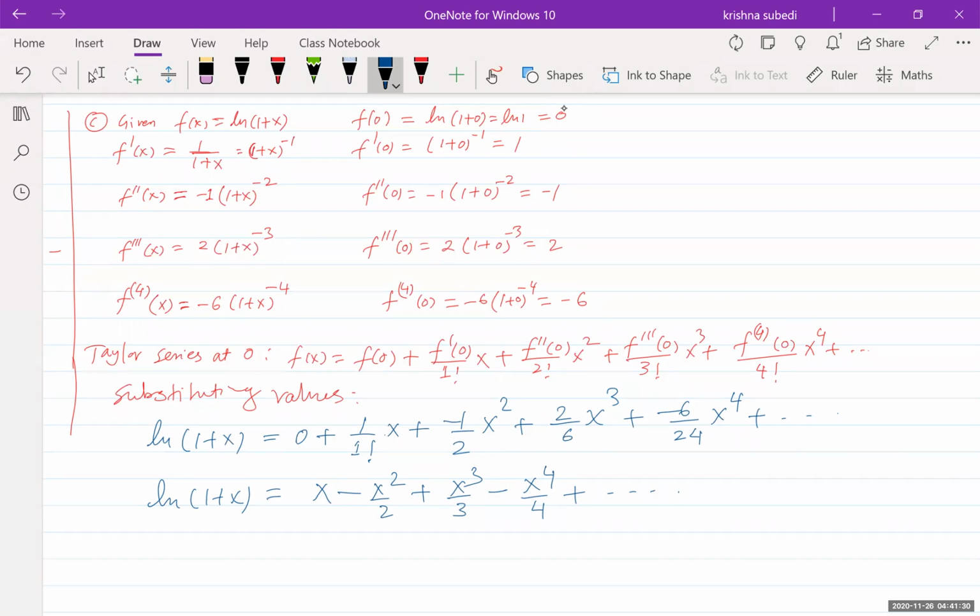So this ln(1 plus x) is equivalent to this polynomial function, okay? So we found the Taylor series for ln(1 plus x), it is given by this. Any questions so far?